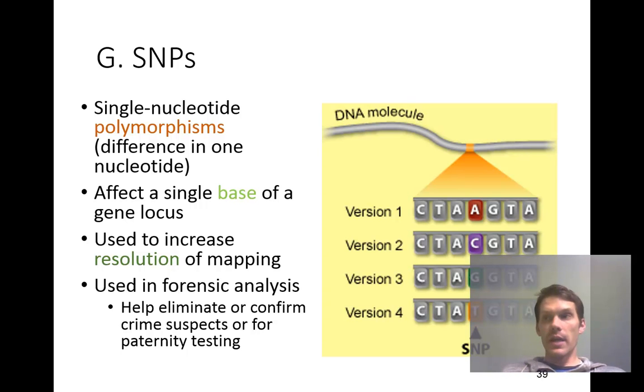Single nucleotide polymorphisms, or SNPs, are differences in DNA, looking at different individuals, based on just different nucleotides or different base pairs. And this increased, again, the resolution of mapping, because now you can find the difference between two individuals.